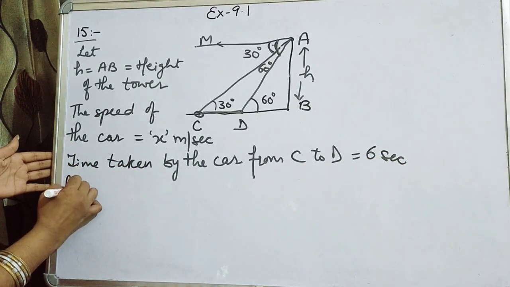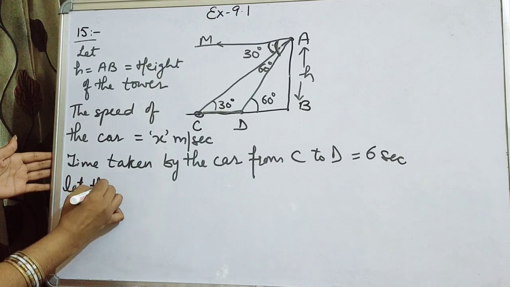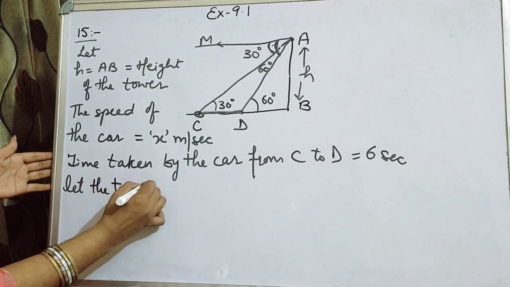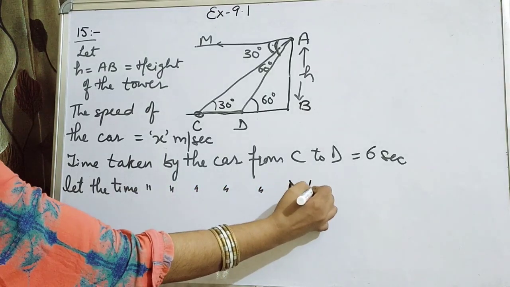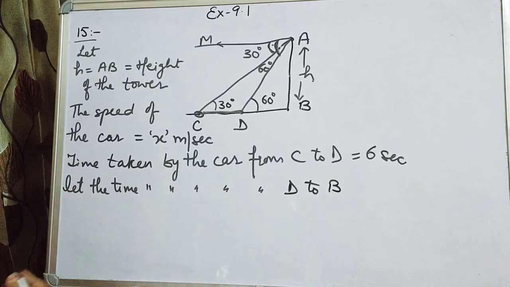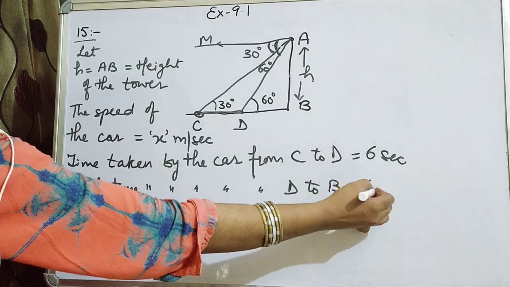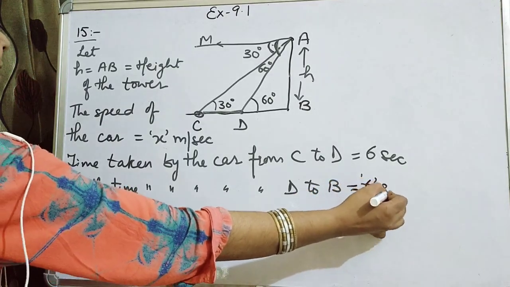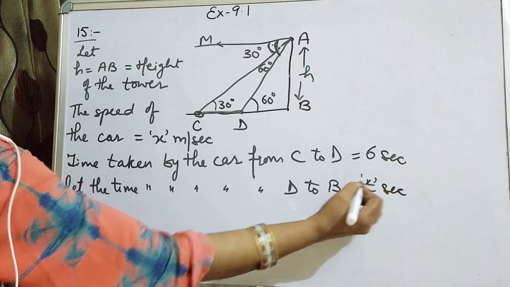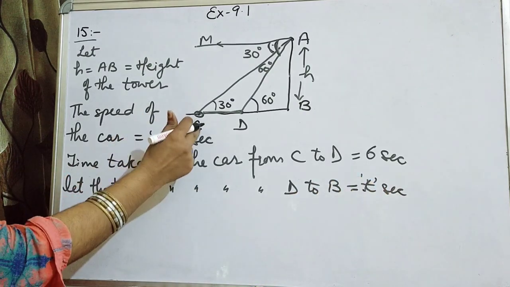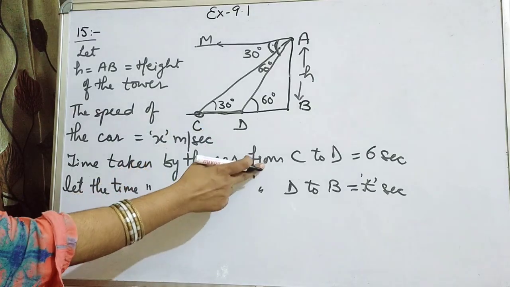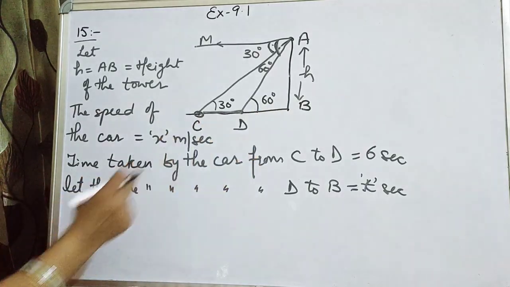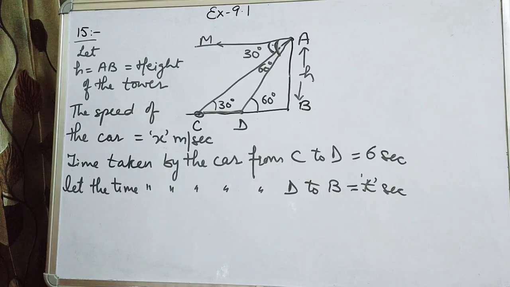Again, let the time taken by the car from point D to B be T seconds. From C to D it takes 6 seconds, and from D to B we have supposed it takes T seconds.